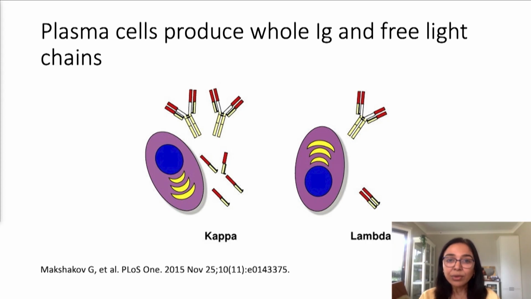So far we've looked at the intact immunoglobulin, but all of these patients also secrete free light chains. So that's just this component here of the intact immunoglobulin. And because it's much smaller, it's a lot more sensitive in measuring disease burden in multiple myeloma.